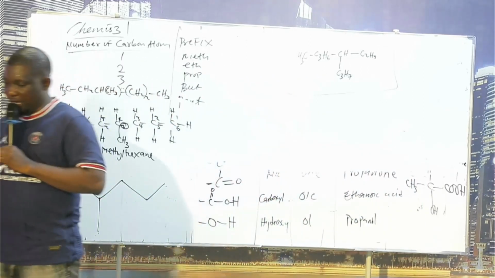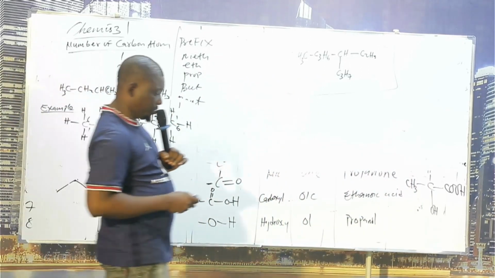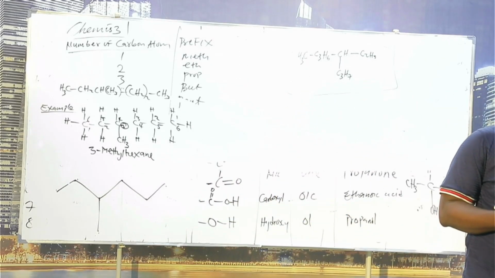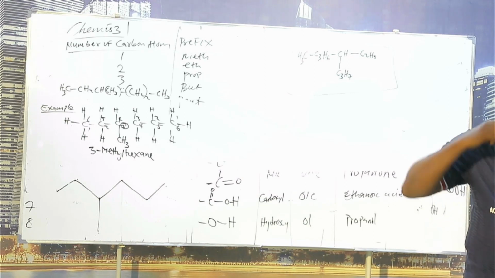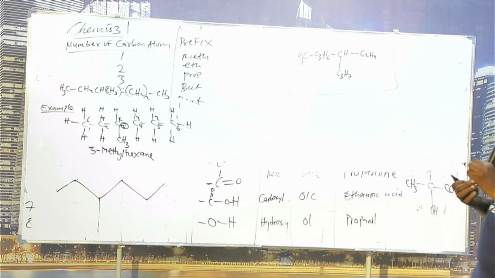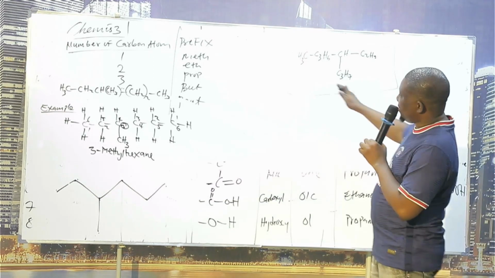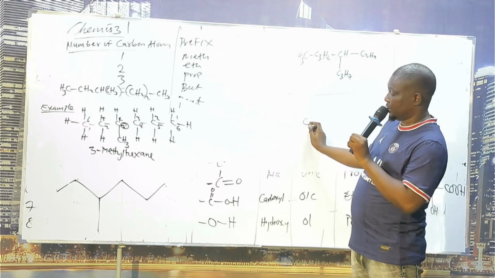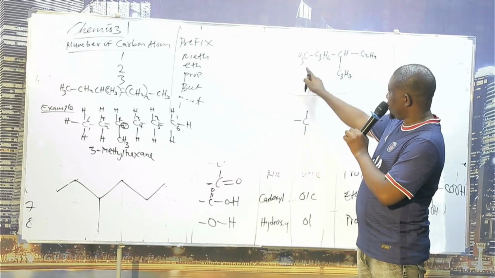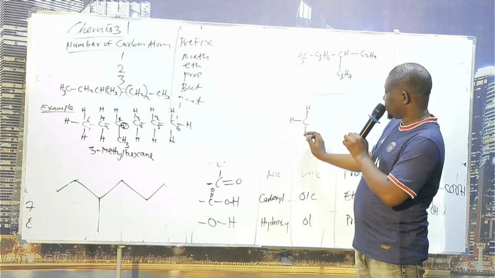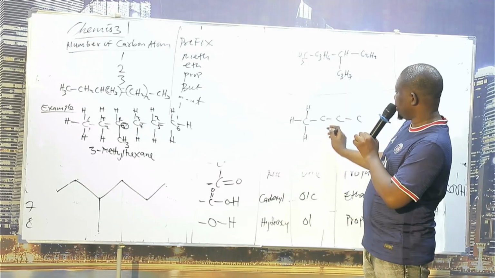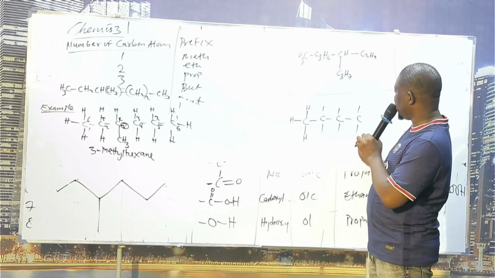If you are given such a structure, please try to convert it from condensed to actual. It's condensed and small, so let me now broaden the structure. This C will actually have 1, 2, 3 H. This C has 1, 2, 3 H, 6. 1, 2, 3, 4, 5, 6.